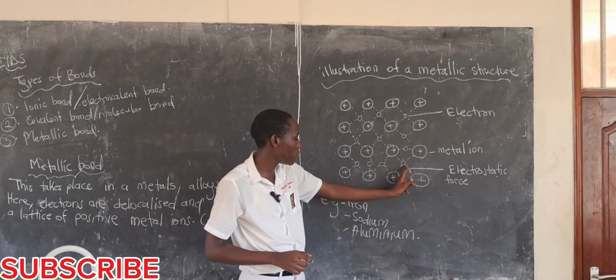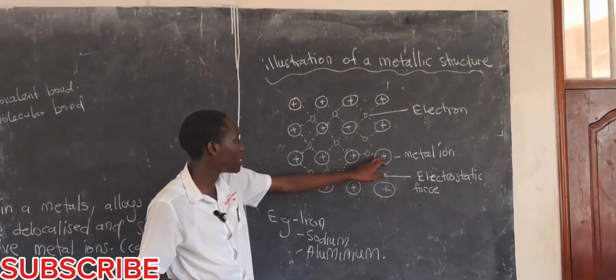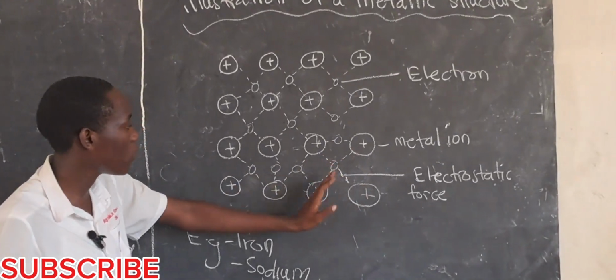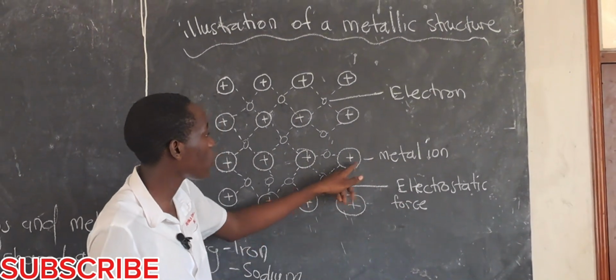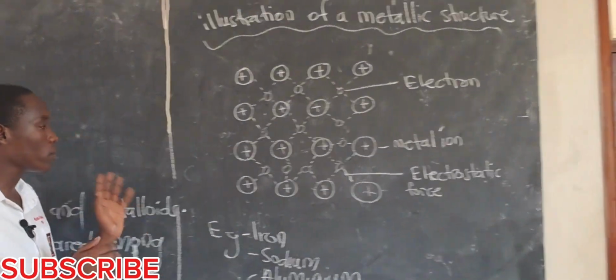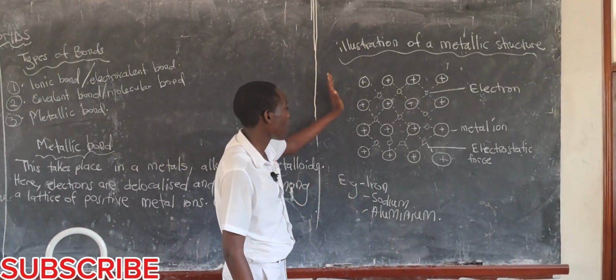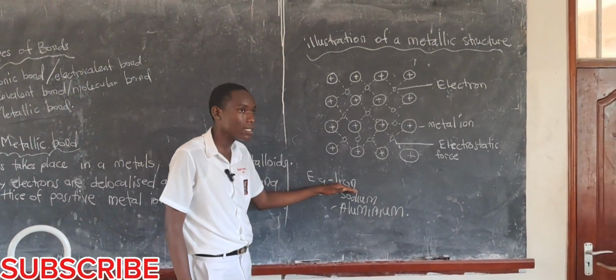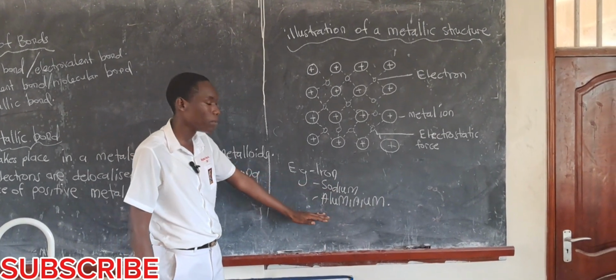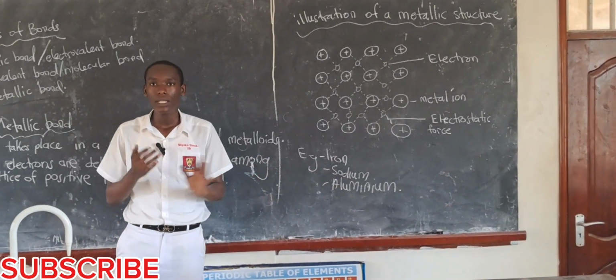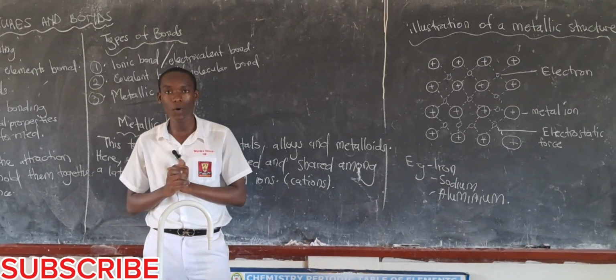As you can see here, we've indicated that the forces holding the ions together are called the electrostatic force, then the metal ion, and then the electrons, which are delocalized. Examples of elements with such a type of bond are iron, sodium, aluminium, copper, calcium, potassium, and so many other metals.